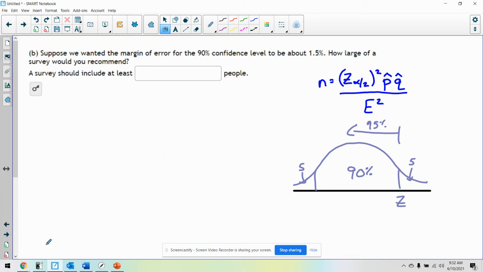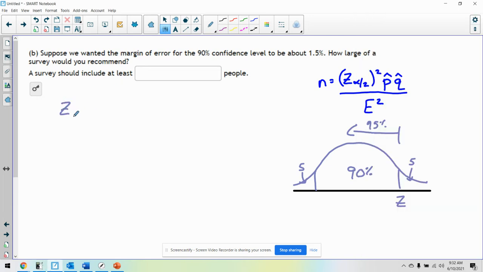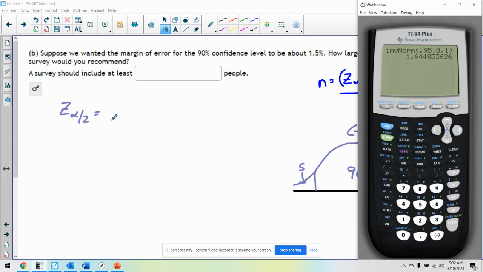Okay, so if I take my calculator, I'm going to go to second distribution, inverse normal. I'm looking for the z value that cuts off the bottom 95%, 0.95, 0, and 1. So we get that. So our z of alpha over 2, it doesn't really matter. I'm not going to write it down for reference, but we're going to use the one in the calculator, 1.6449.